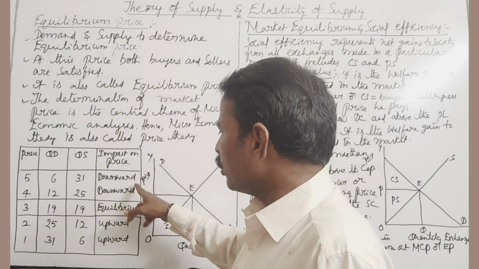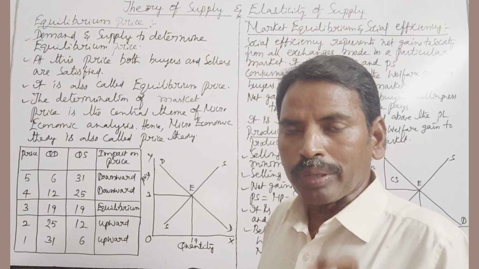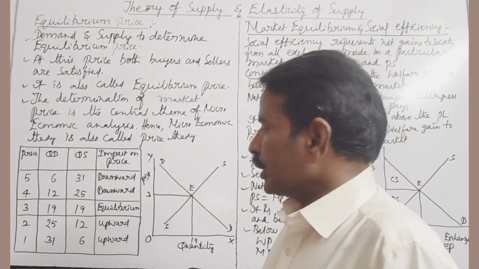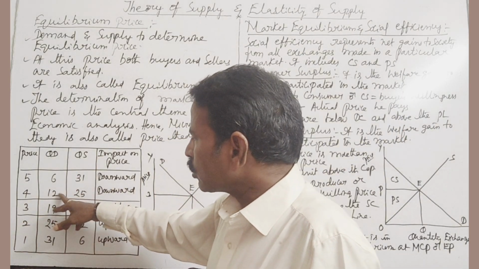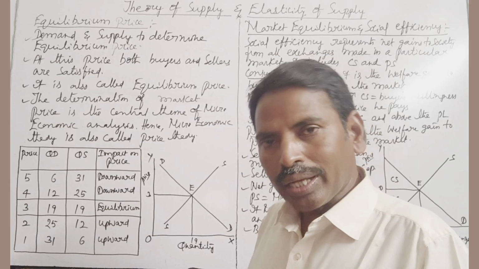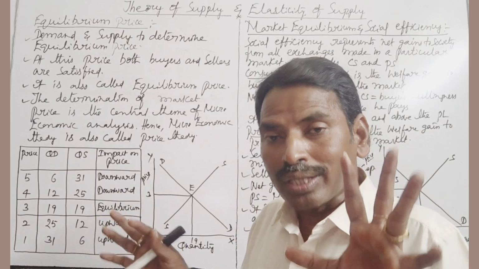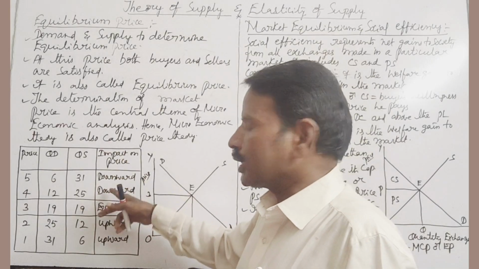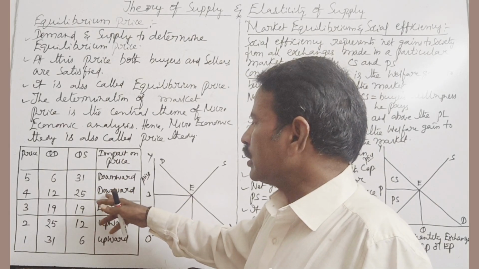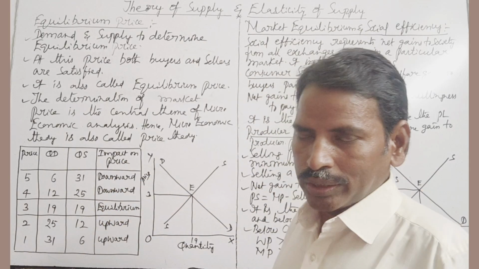Impact on price is downward. Likewise, if the price is 4, supply exceeds demand, competition among the sellers, price decreases. That means a downward movement in price.